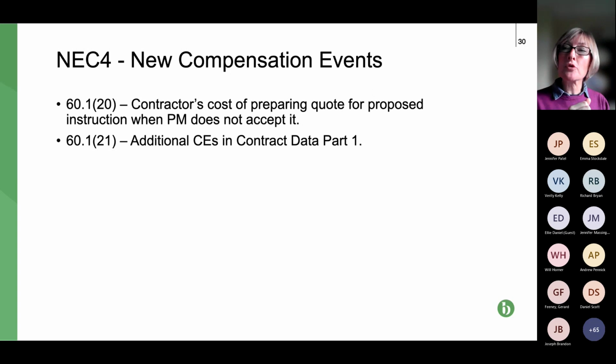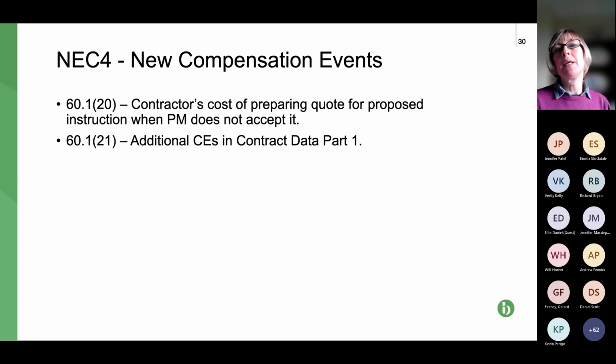So it's not an instruction to do work, it's a proposed instruction. The client might want this doing, can you submit a quote so we can see how much it'll cost? So it's the one exception to the rule that the contractor just carries out the work. This isn't an instruction to carry out work, it's an instruction to just provide a quote.